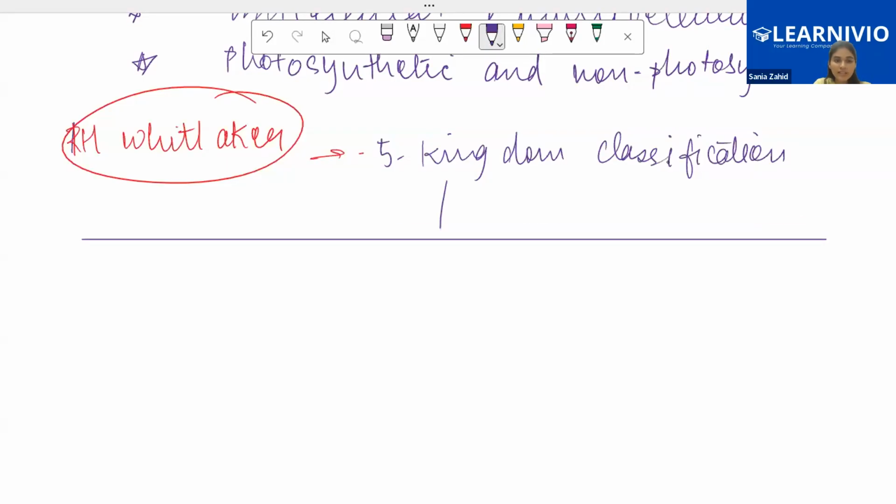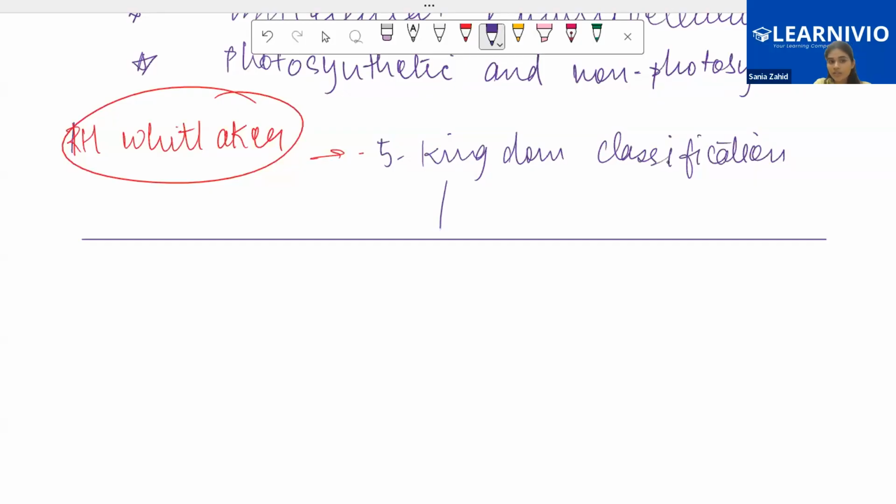Then finally we came to R.H. Whittaker. Now R.H. Whittaker gave us the best kind of classification, which was the 5 kingdom classification. What did he do? He classified organisms into 5 categories. What were those categories?